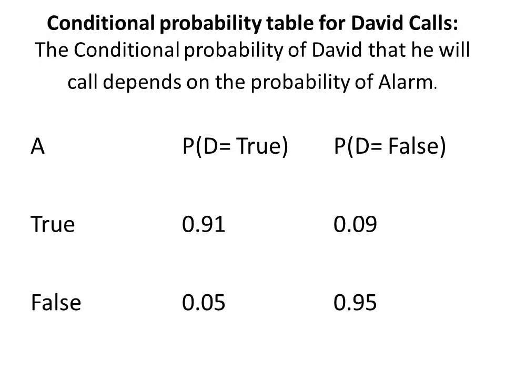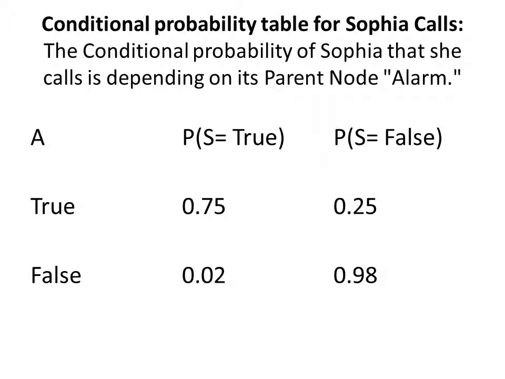So automatically the probability of David calls false, that is David won't call, is 0.09. When alarm is false, the probability of D equal to true is 0.05, and the probability that David won't call is 0.95.